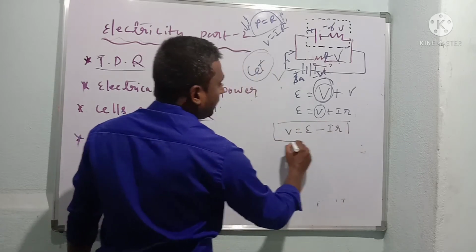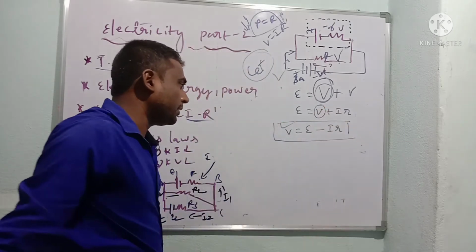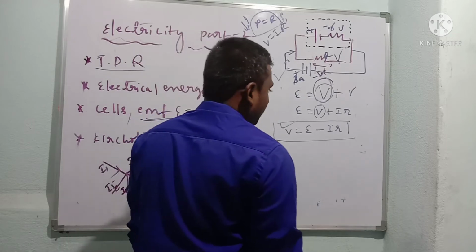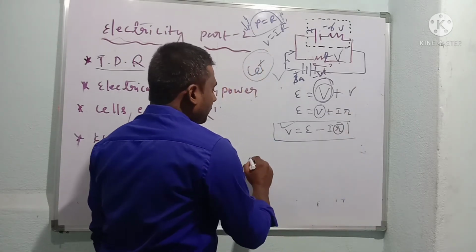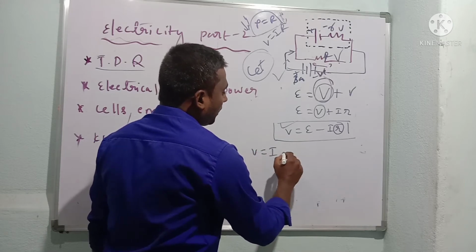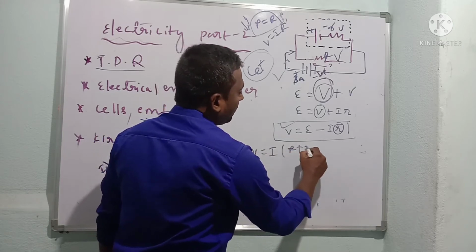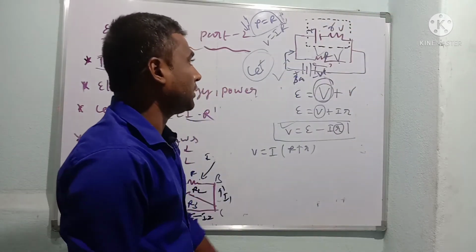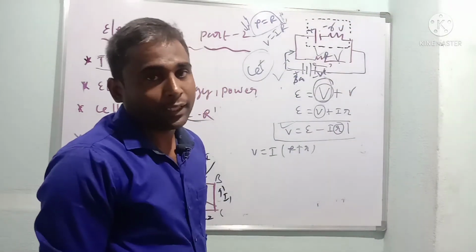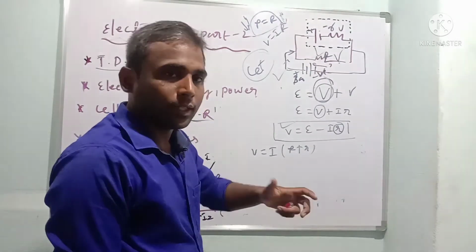Very important for CET children. Terminal potential difference is equal to E minus I r. Now we know Ohm's law, V is equal to I into R. Here we are going to consider resistance by the resistor and internal resistance by the electrolytes and electrodes.